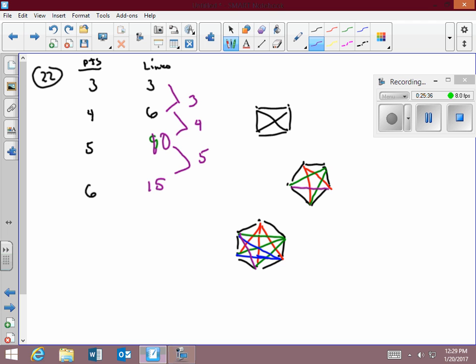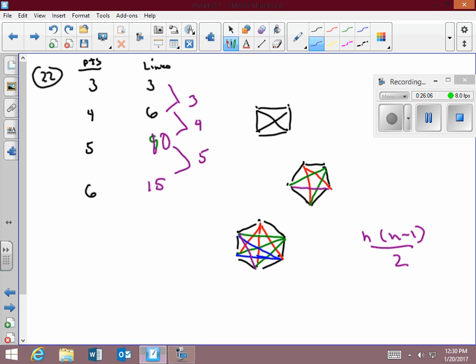You know, whenever it's like this, it's always n times n minus 1 over 2. Every time we've had something that did a progression like that, it always turned out to be that. I guess I don't know enough about progressions.